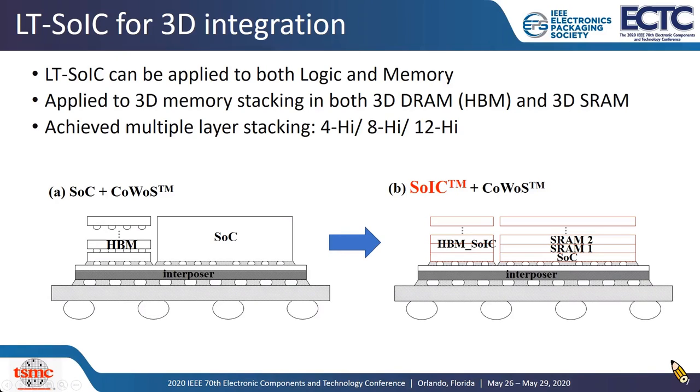First, the low-temp SOIC integrated DRAM memory cubes can offer higher memory density, high bandwidth, and better power efficiency. Apart from that, the integration of the SoC with SRAM memory cubes using the 3D SOIC technology can enable higher system performance, as it is boosted by providing extra memory cache.